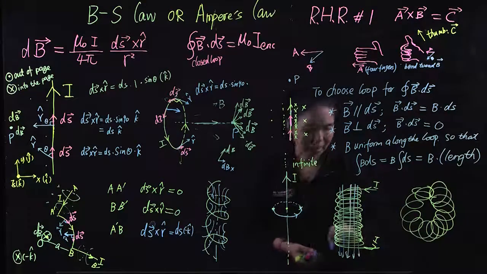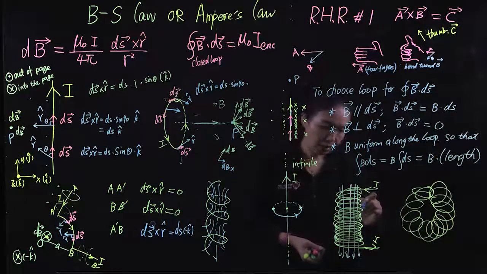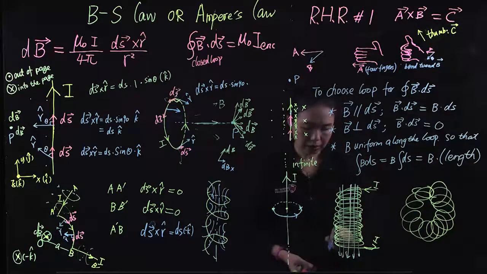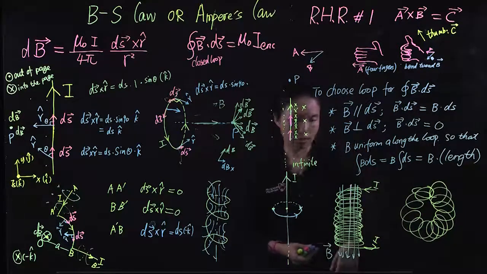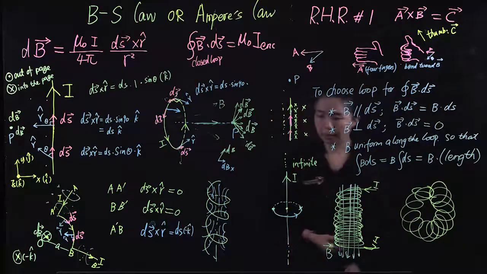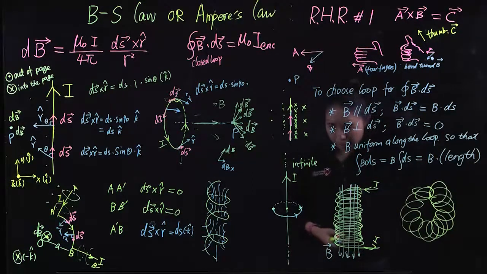If the wires are packed very, very densely, any variation around each wire will cancel out. You get a uniform B field in the same direction this way. Okay, and in this case, it's going to be nice.